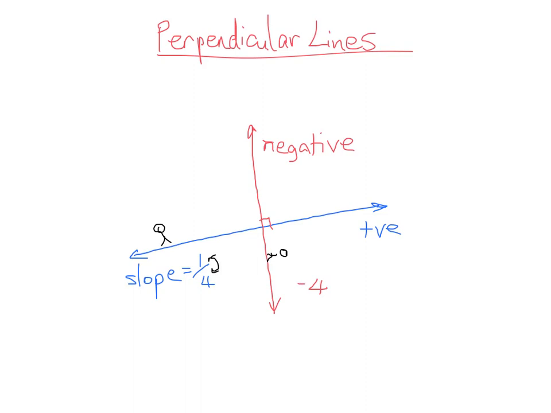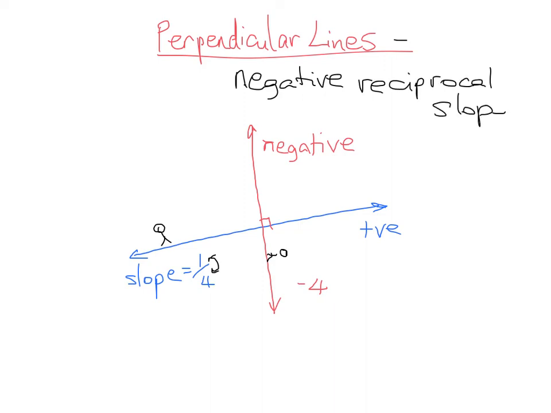So perpendicular lines have negative reciprocal slope. I'll write that down because that's super important to remember. Perpendicular lines have negative reciprocal slope.